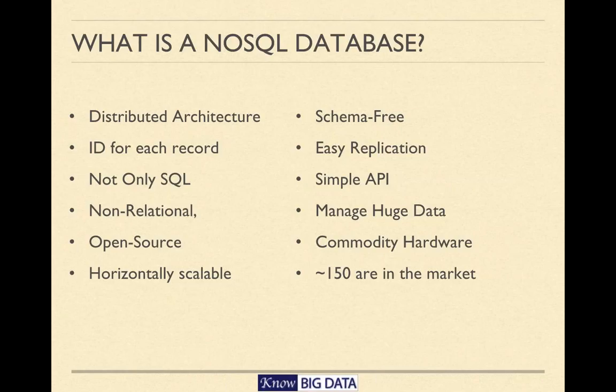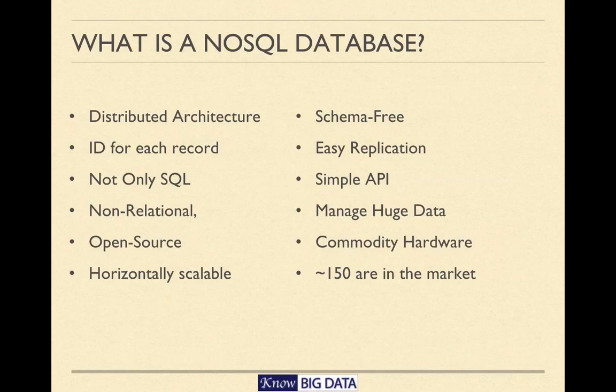And if it's able to handle a table in a distributed manner, meaning it's dividing the table into parts and putting those parts on multiple machines, you need to be able to identify every row with a handle, and that handle is an identifier.